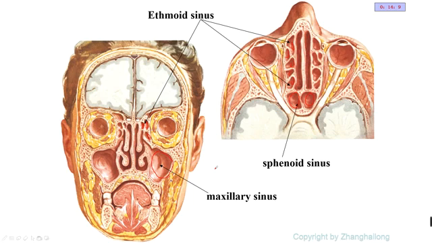And somebody will ask me, what's the function of the sinuses? There are so many sinuses in the skull. Why? First, you should know the sinus is a hollow cavity. In the skull, in the bone, there are many hollow sinuses. They can reduce the weight of our head, so we can move easily and freely, because our head is not very heavy.